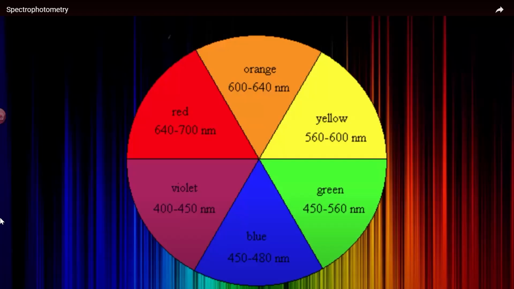Mainly orange. Okay, so you might be asked, based on, say they give you some copper 2 and they're like, oh, it's blue. What color will it absorb?